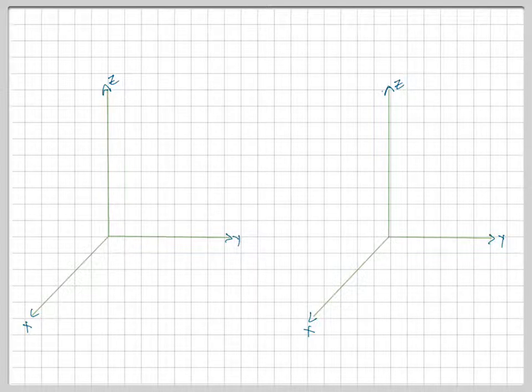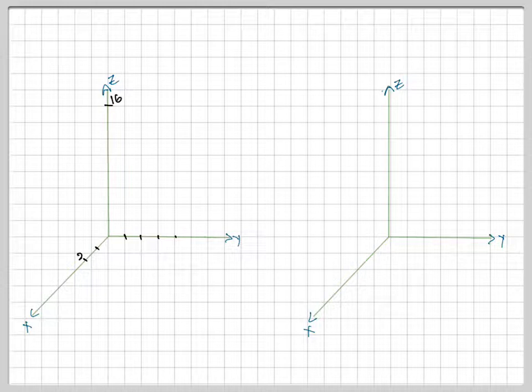It's only a rough sketch, so the z coordinate is not going to be covering 16. The point of intersection of the surface with the z-axis is 16. So I'm going to only roughly scale it. It's not the exact point on the z-axis that I'm going to show.